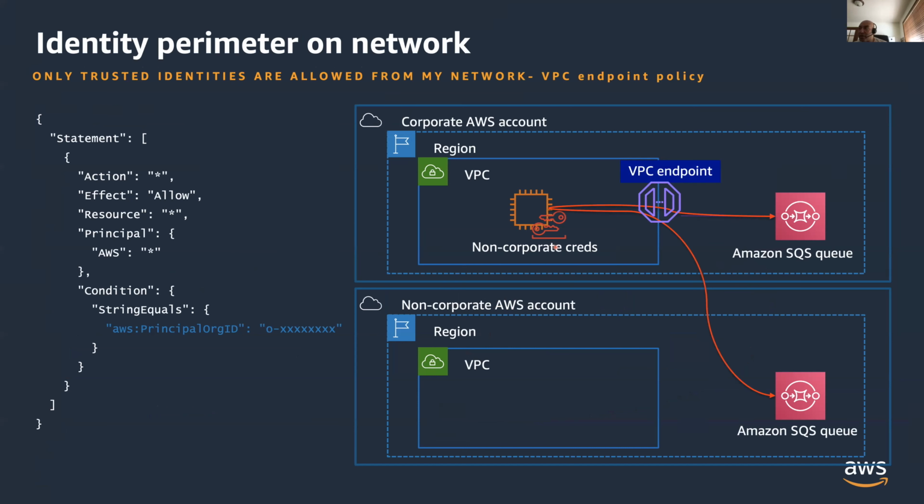It will be denied access because you need to use our own credential, the credential that we provide to you as part of our business, not your personal ones. So this will deny access from non-corporate credentials accessing either our resources or other resources.